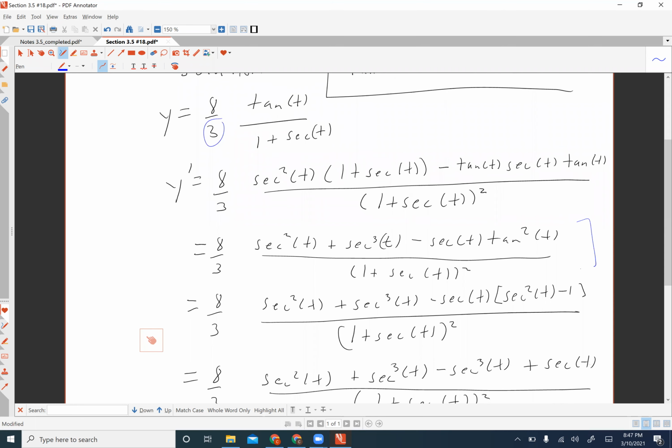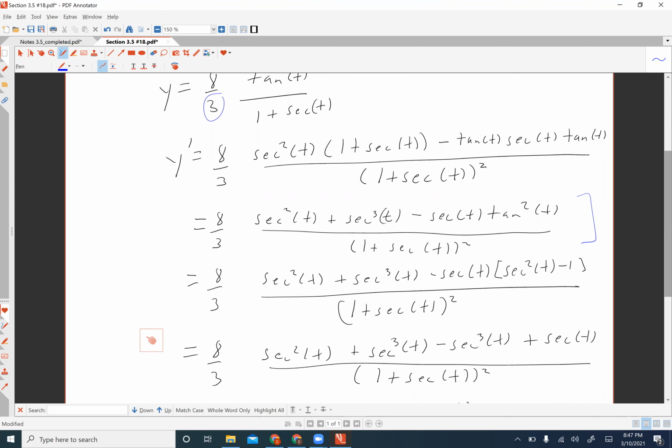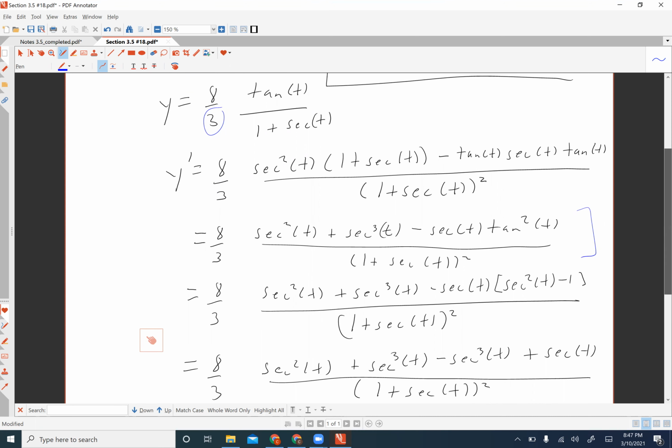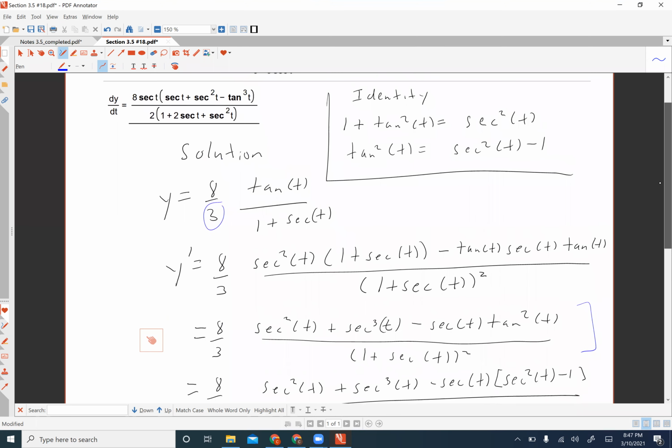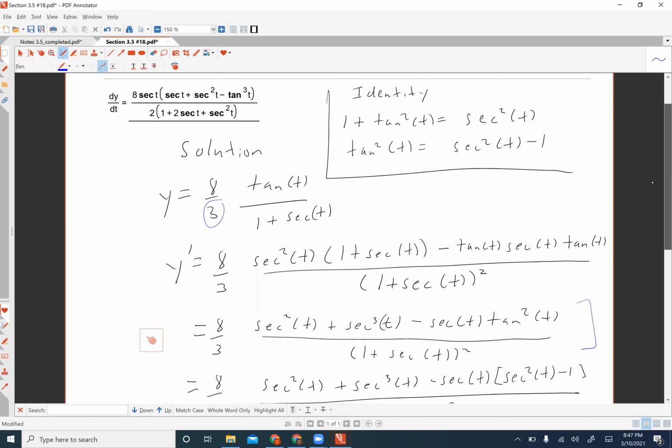If you left it like this, I would give you full credit. I'm not expecting you to use this identity. But remember that tangent squared t is secant squared t minus 1, since 1 plus tangent squared is secant squared.